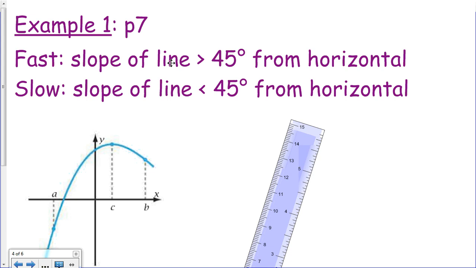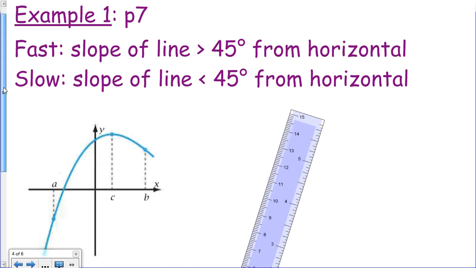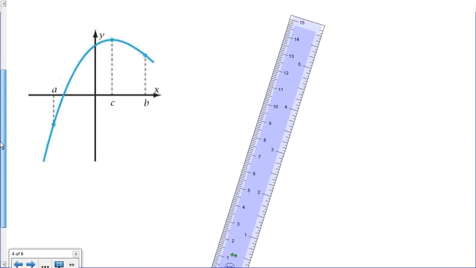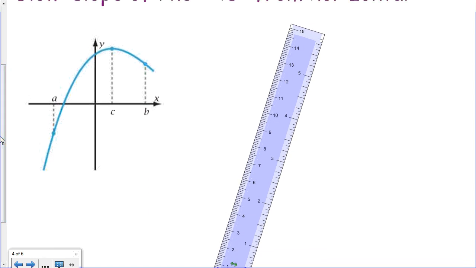So let's take a look at what's happening at each one of these 3 points here. And I have a straight edge here, a ruler that I'm going to use to help me illustrate this for you. But let's first indicate at this point A whether it's increasing or decreasing, and then secondly we'll deal with whether it's fast or slow.